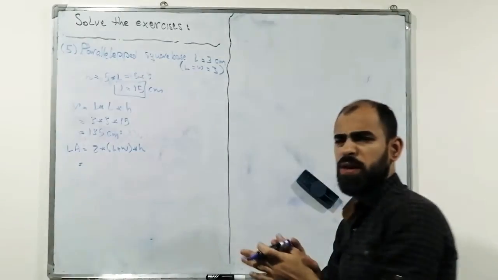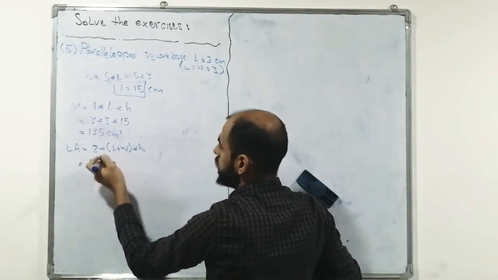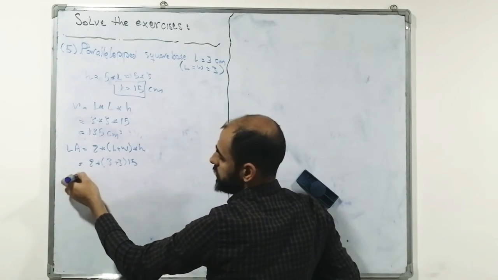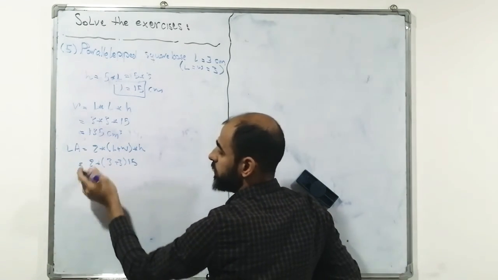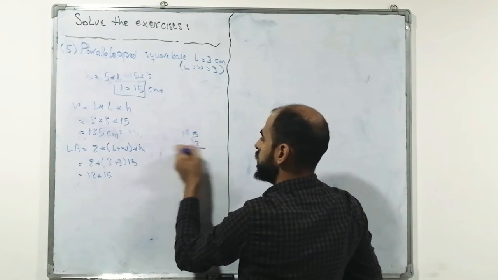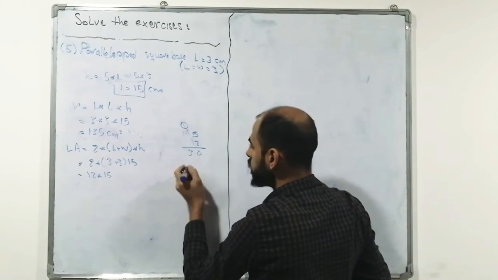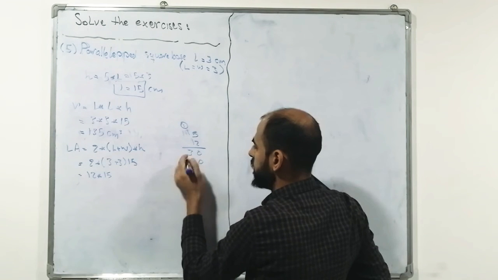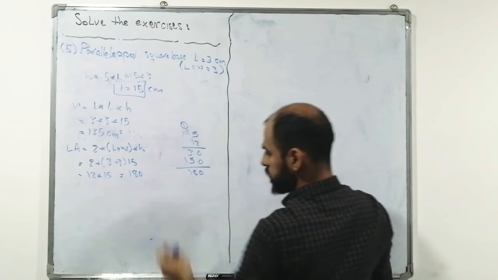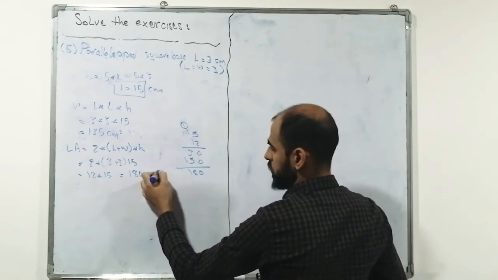And since it's with square base, the length and width are equal, as we know. 3 plus 3 by height, which is 15, 5 times of length. 3 plus 3 is 6, 6 by 2 is 12. 12 by 15 is 180. 180 is the lateral area, centimeter to the power 2.